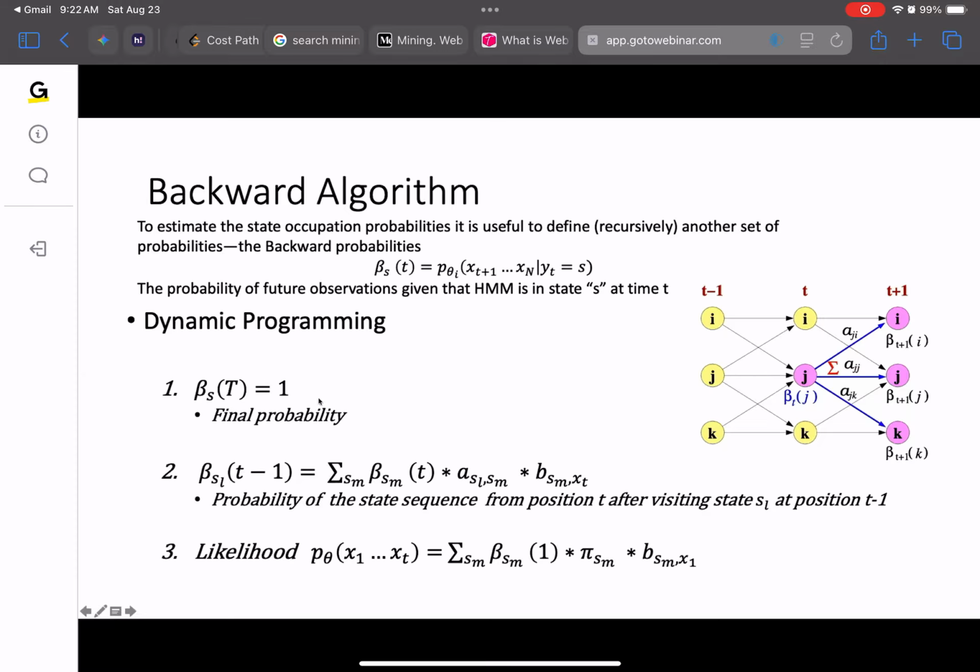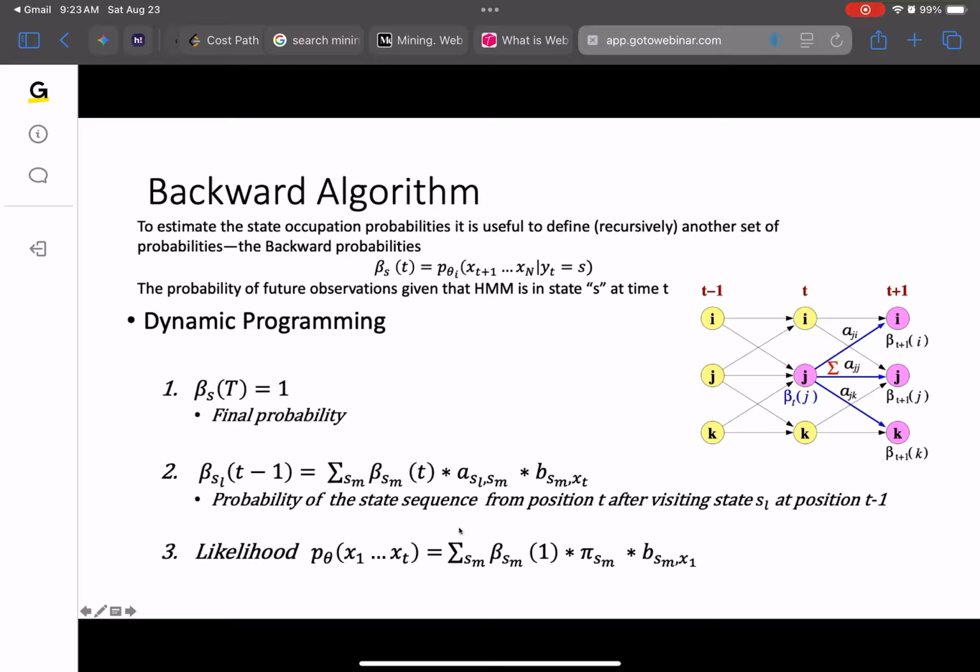We initialize beta s of t, the final probability, to 1, and then beta t minus 1 is computed recursively using future betas, the transition probabilities, and the observations in the future states.